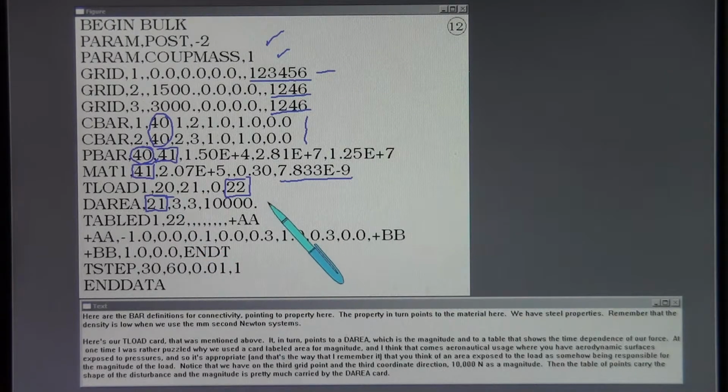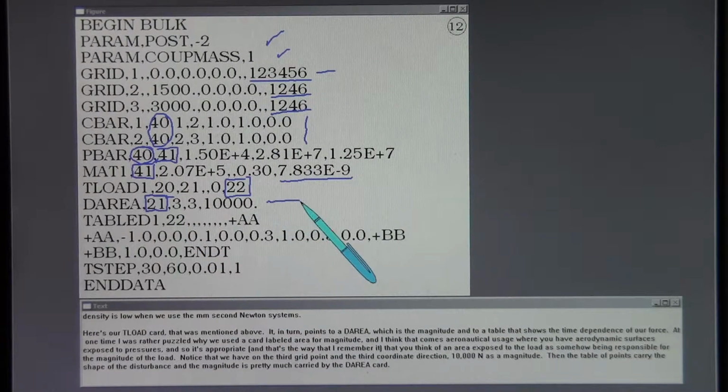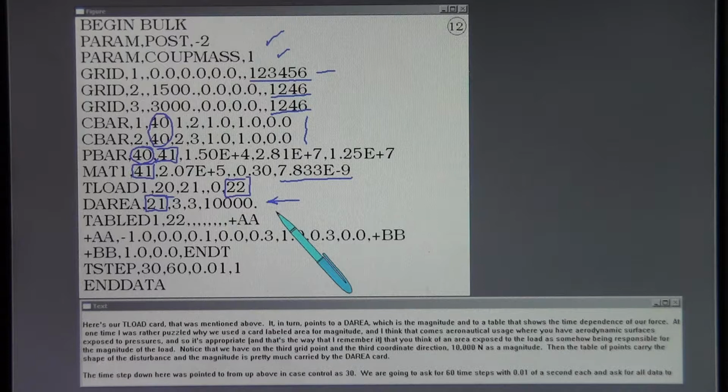At one time I was rather puzzled why we used a card labeled area for a magnitude, and I think that comes from the aeronautical usage where you have aerodynamic surfaces exposed to pressures, and so it's appropriate, and that's the way I remember it, that you think of an area exposed to a load as somehow being responsible for the magnitude of the load.